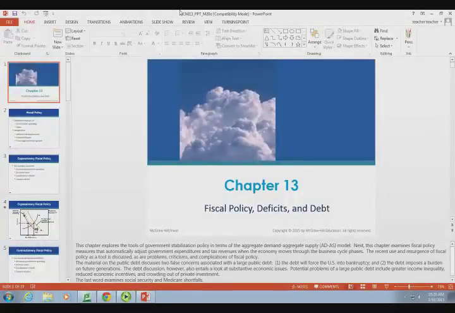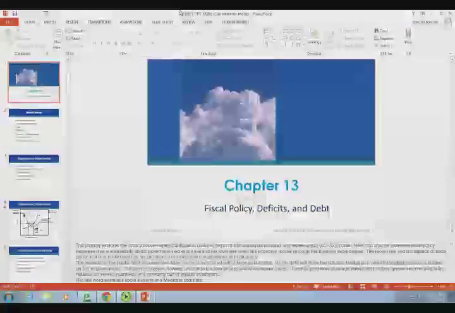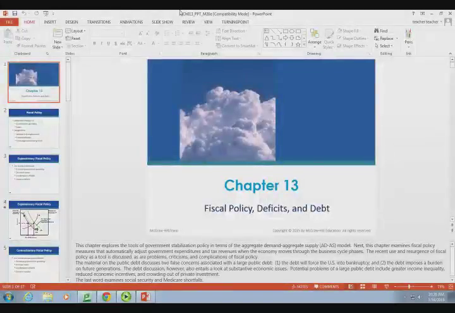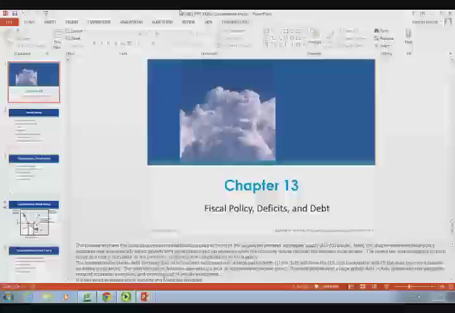Now, I need you to go into your textbook, just as I talked about that warp drive. Same thing is depicted here with two different types of fiscal policy. So turn to the beginning of your chapter, page 289. Fiscal policy is either going to speed up the economy or slow it down.